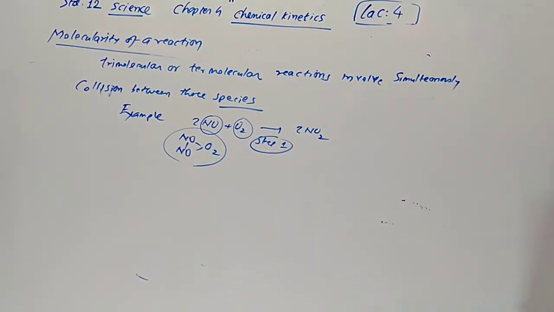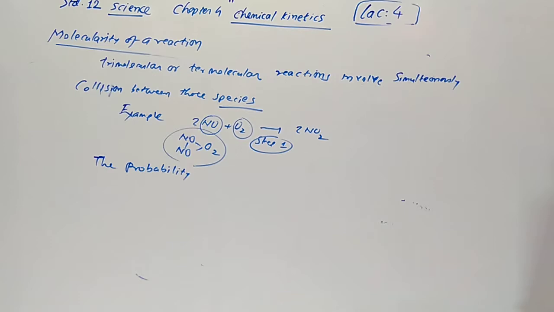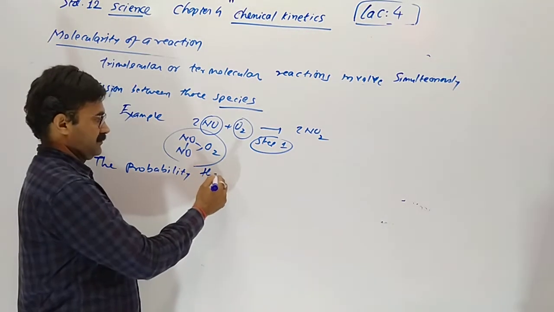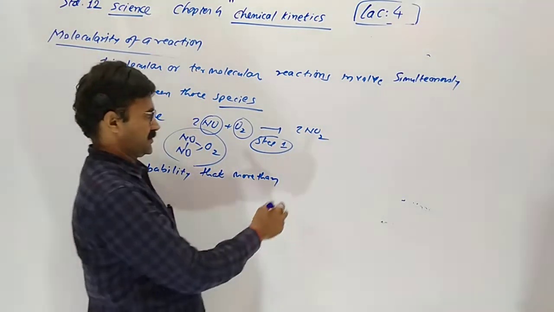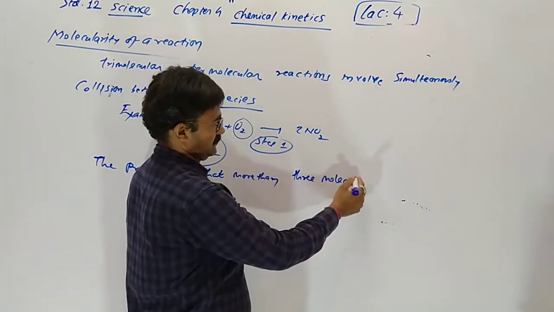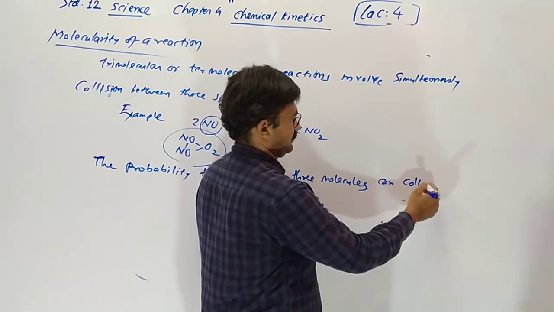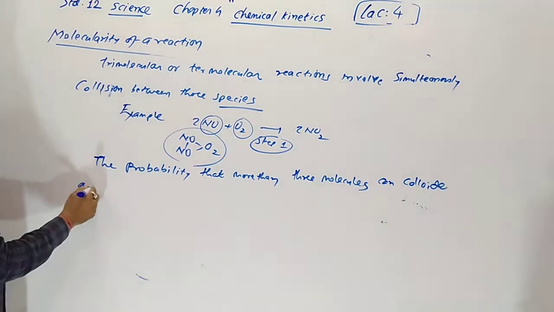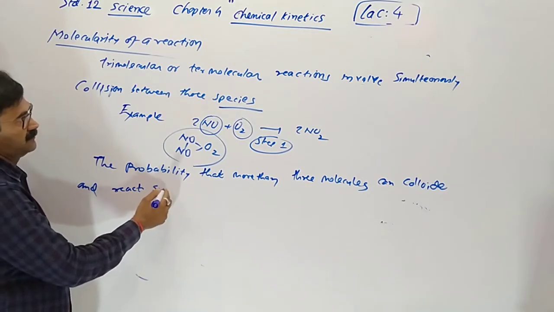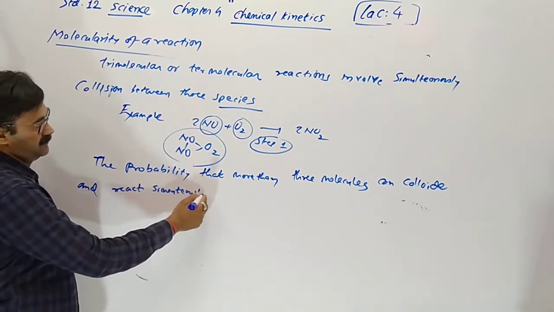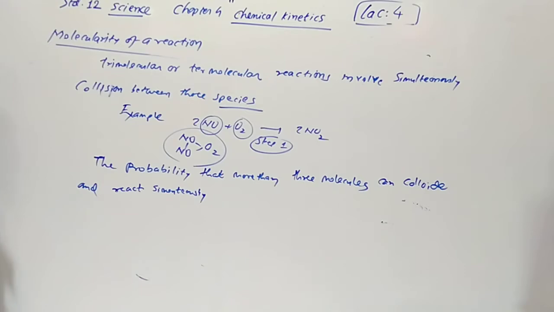The probability that more than 3 molecules can collide and react simultaneously is very small.